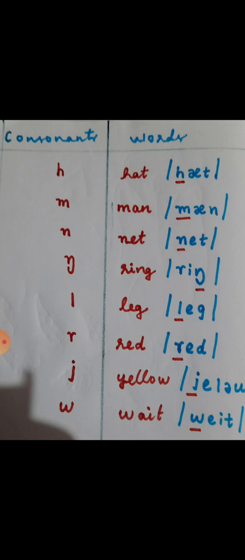Clear? So there ends the 44 sounds of the English sound system. And remember once more, English is not a phonetic language. It's an unphonetic language because there is no one-to-one correspondence between the sound and the pronunciation.